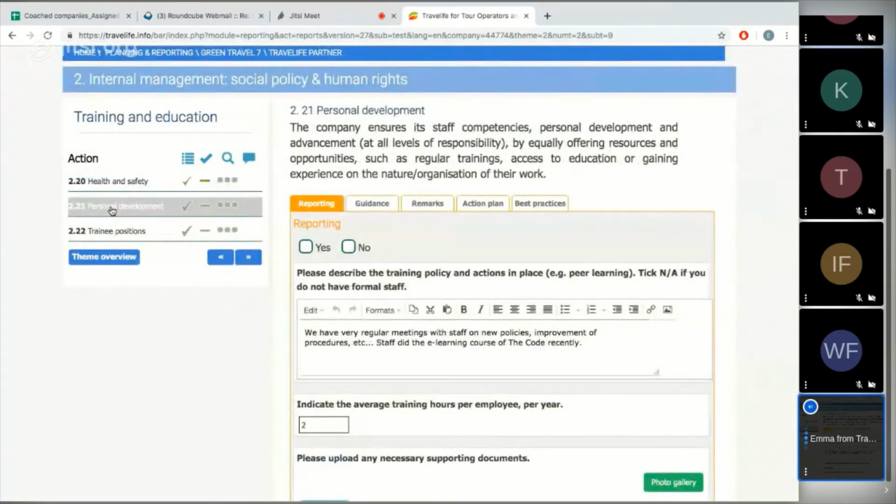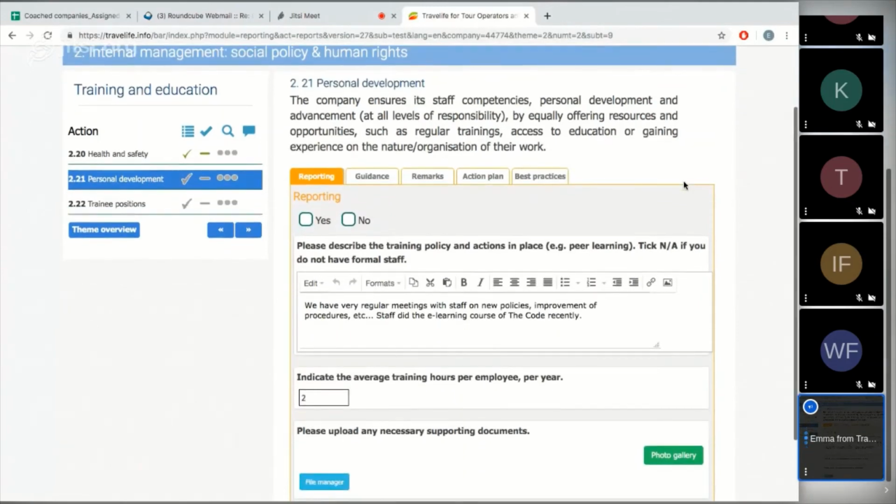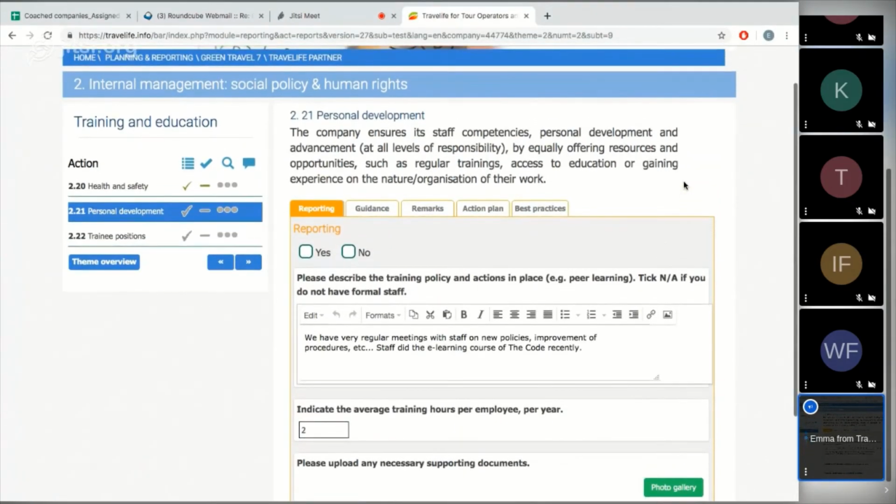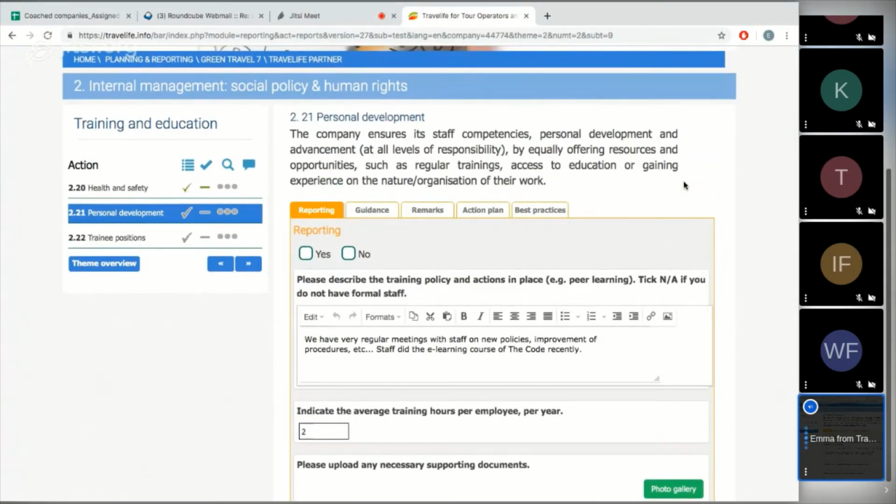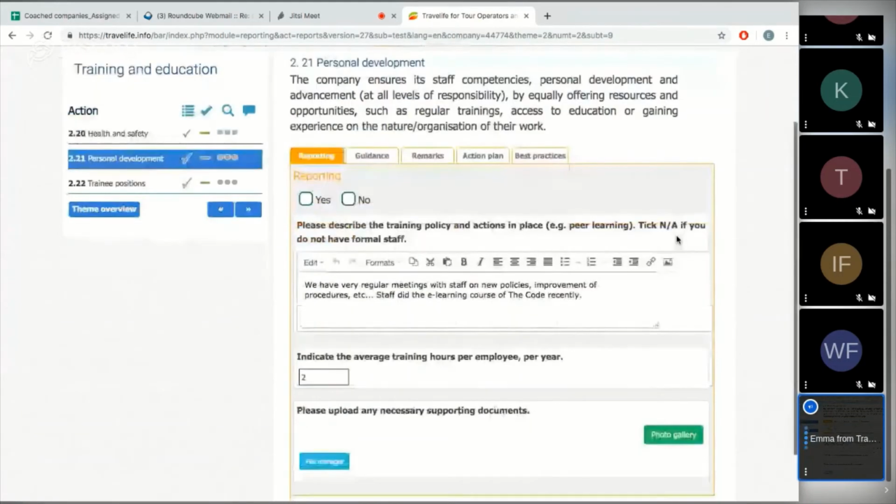Then 2.21 is personal development. So the company ensures its staff competencies, personal development, and advancement by equally offering resources and opportunities. So, for example, training sessions or seminars or education or other kinds of experiences on the nature of organization on their work. So perhaps also field trips, for example.